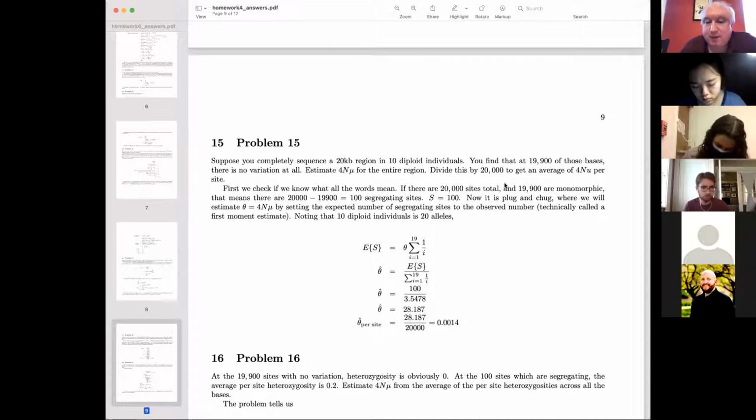The number of segregating sites were reported to you in a weird way, but it was 100. And everything else is now just a little bit of arithmetic to get us theta for the entire region is 28. And it said the region was 20 kb, which got us to that number.